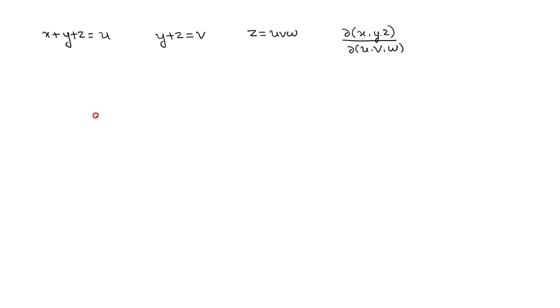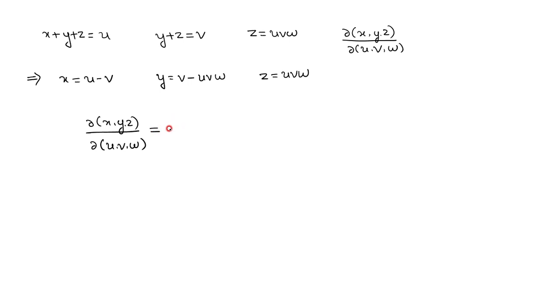It is a similar type of problem, where we can write x equal to u minus v, y equal to v minus uvw, and z equal to uvw. Find its partial derivatives. We'll get the Jacobian of xyz with respect to uvw equal to uv. So this you can try. Thanks for watching.